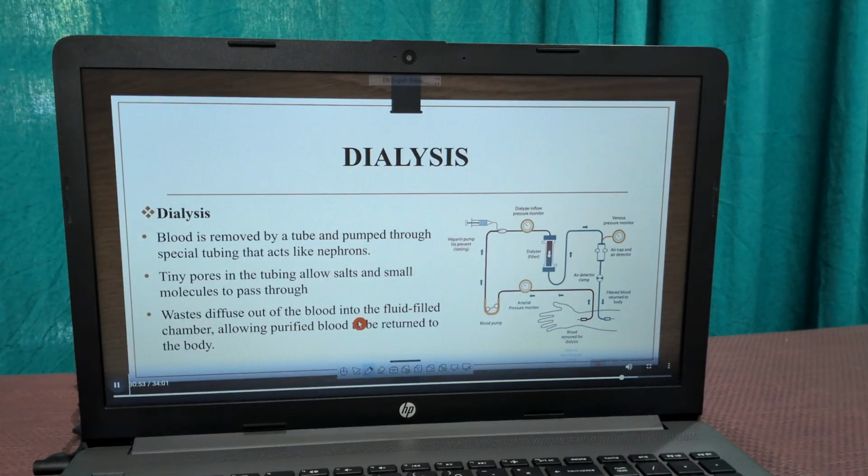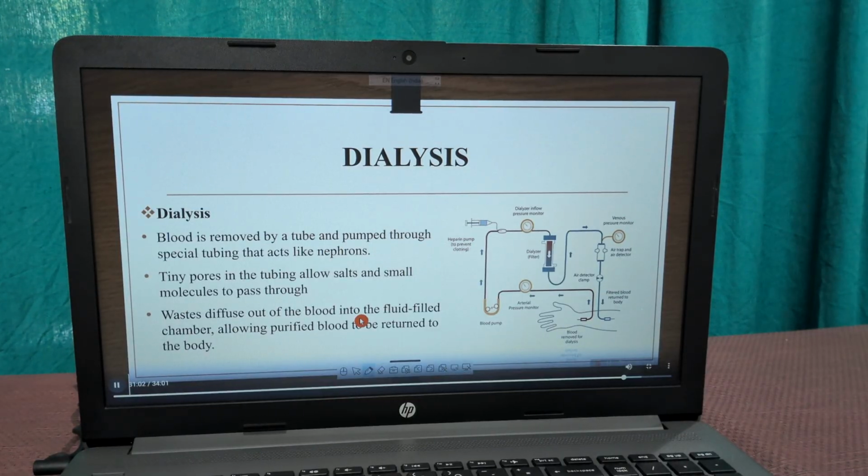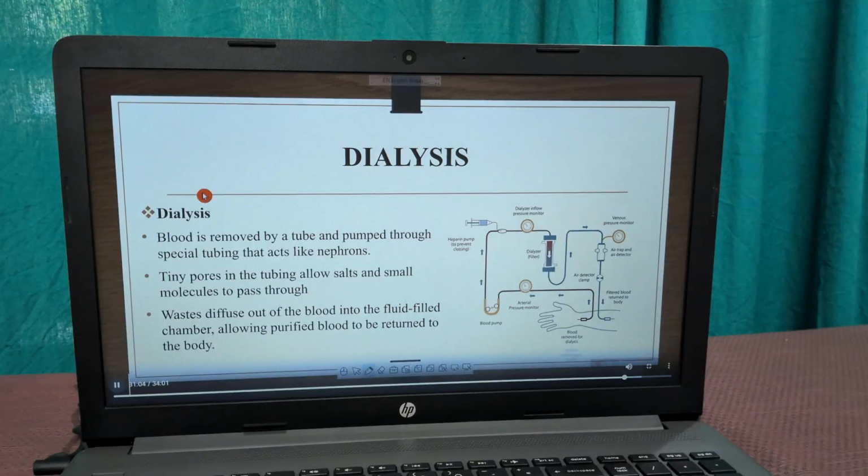The second one is peritoneal dialysis, which uses the inside lining of the abdomen as the filter rather than a machine. Alright, so these types of dialysis are there.